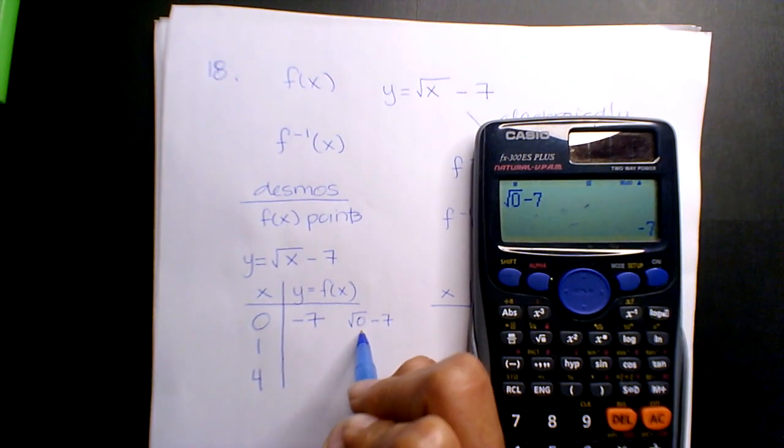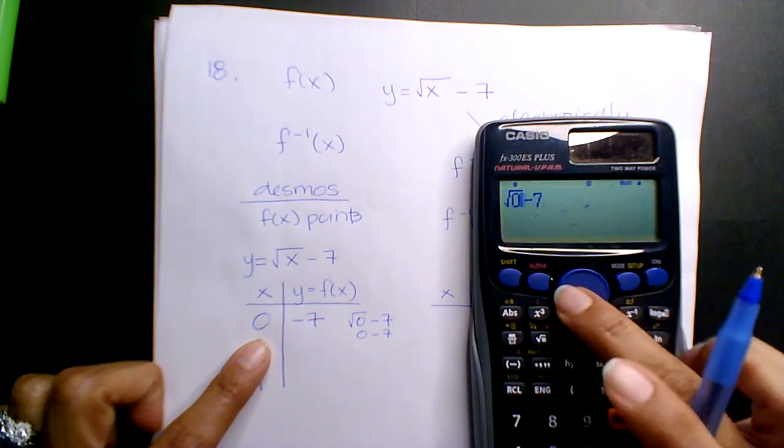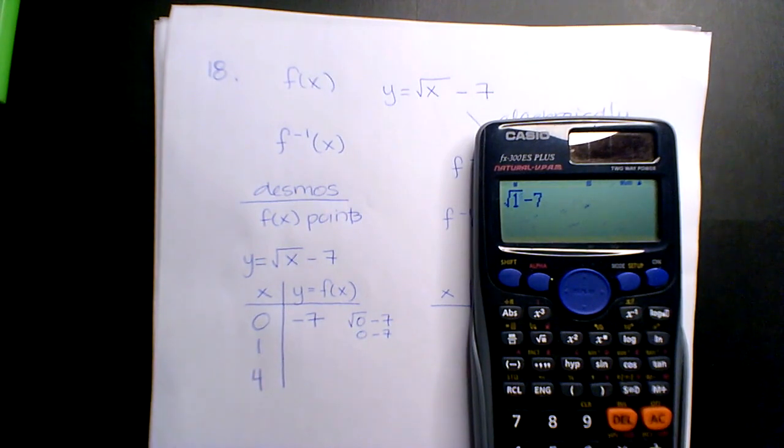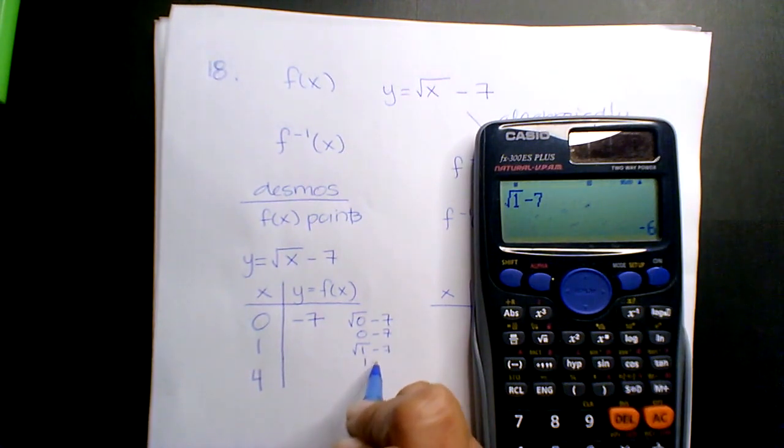So what's the square root of 0? 0. By the way, 0 is always a positive number, never a negative number. If I throw in 1, what's the square root of 1? 1. So 1 minus 7 is -6.